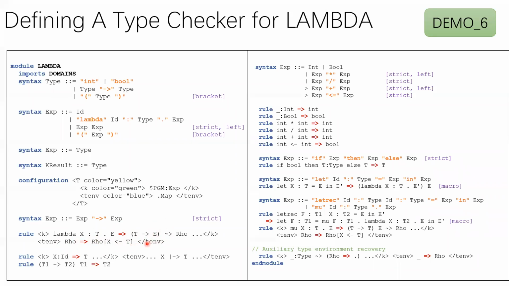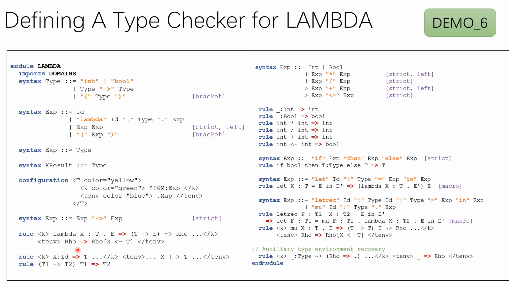So maybe an easier way to read it is to ignore everything after the rewrite relation in each of the cells. So that shows the context that you match. You match a context where you have lambda x t dot e in the K cell, and you have rho, you match the entire contents of the TEnv, the type environment cell. And then each of them gets rewritten to something.